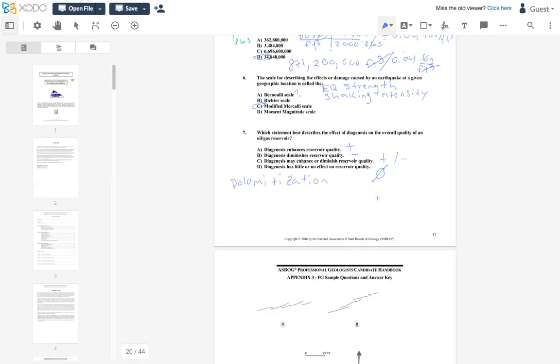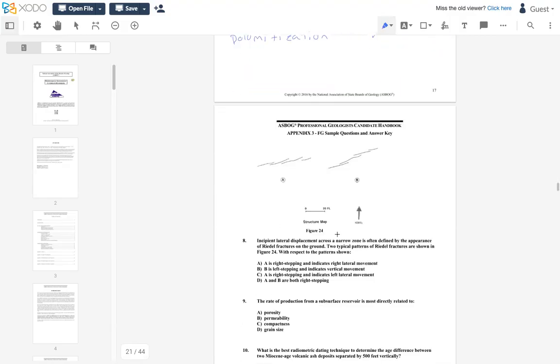So in essence, increasing permeability and porosity, and thereby increasing the quality of our aquifer, or in this case, our reservoir. So I can think of both situations where diagenesis enhances and diminishes reservoir quality. I know that there probably is more that I'm not thinking of, but the mere existence of one of each, I can say C is correct.